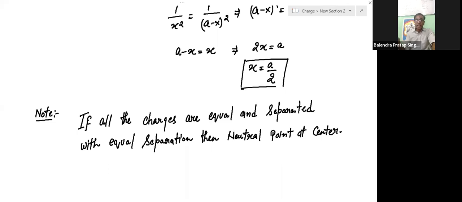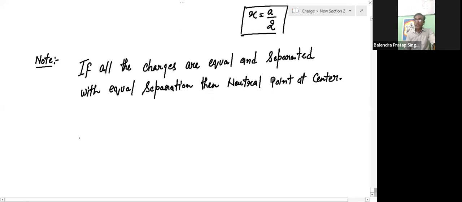Or you can write this statement in another form: the electric field at the center of a symmetrical system is 0. You know what symmetrical systems are? Systems which have some kind of symmetry.